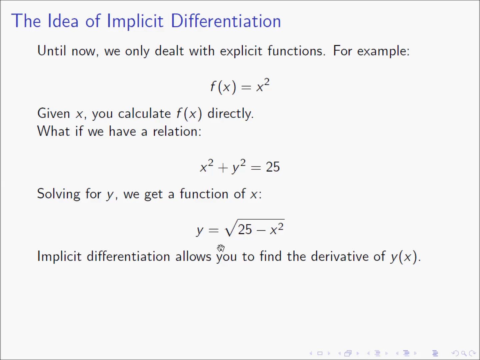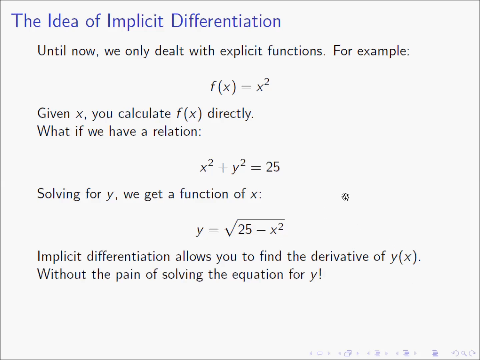In the cases in which you have an equation like this, implicit differentiation allows you to do that without having to solve for y. That is, you don't necessarily need to know the expression of the function in order to find the derivative.